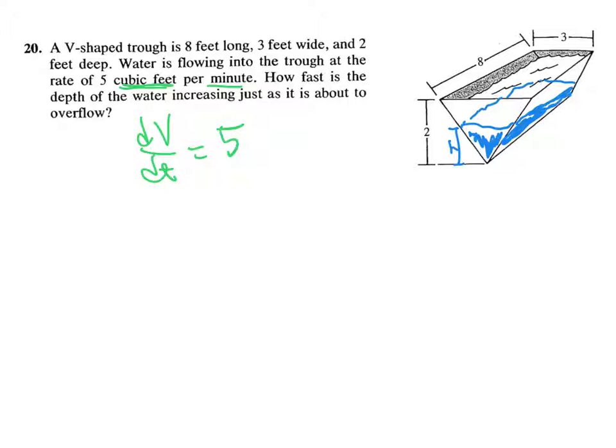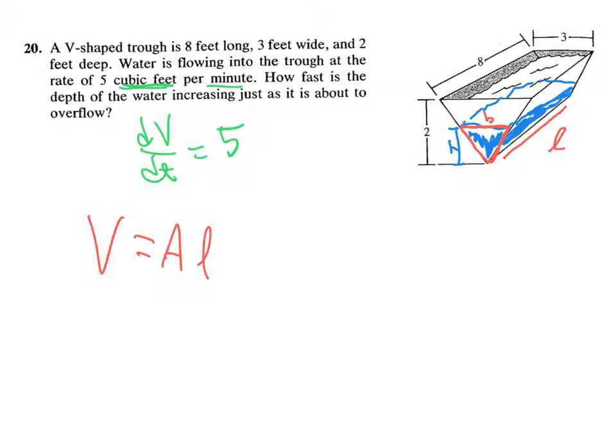For a solid that's made of a cross-section smeared out along some length, the volume we get is just the area times that length. So for us, the length is going to be this, but the area we care about is going to be the triangle of water that's already filled, which will have height h and a base b.